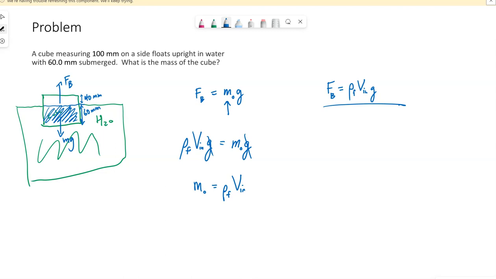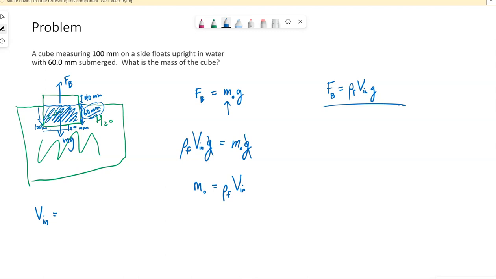So volume in. The cube itself was 100 millimeters on the side. Now we have 100 millimeters times 100 millimeters times 60 millimeters. So the dimensions going into the board, into the screen, and this way are still 100 millimeters.